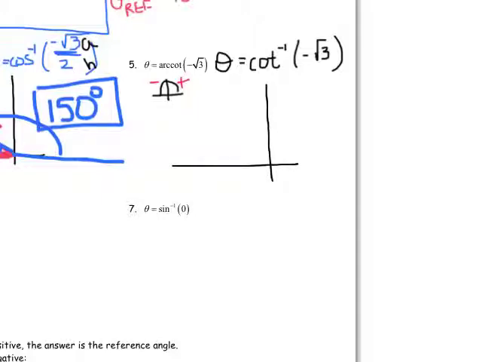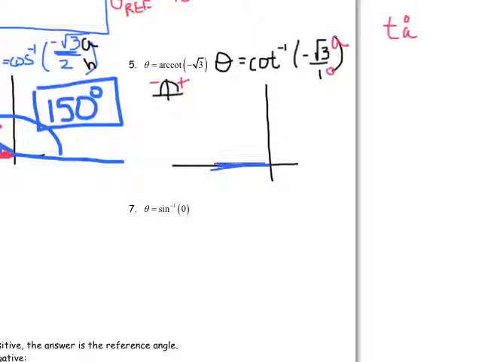Now let's see what our ratio is. It looks like our ratio is just negative root 3. But that's not a ratio. A ratio is a number over a number. So let's put that over 1. And cotangent, well, TOA is tangent. That's O over A. So cotangent, if it's TOA, then cotangent must be A and then O. So my adjacent is root 3.